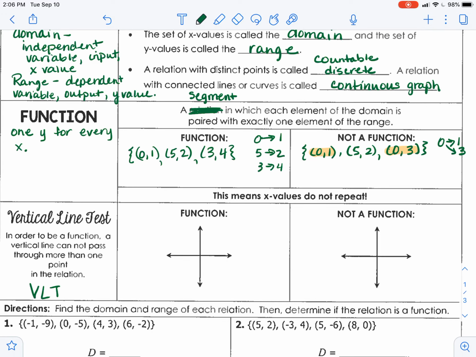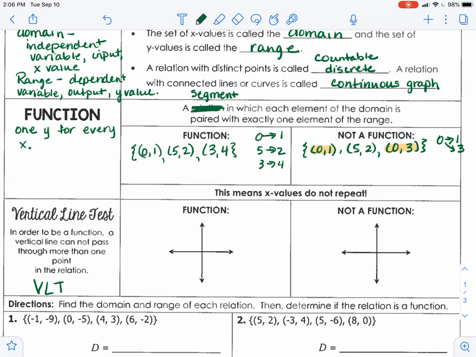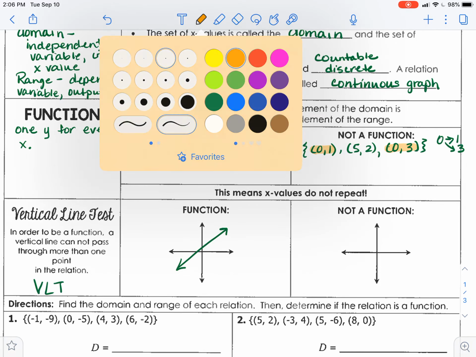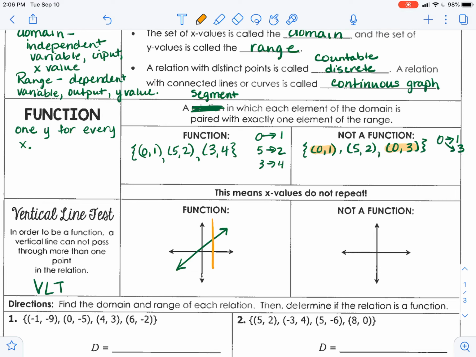If we have a graph, it must pass the vertical line test. So an example is if I have a line and I draw a vertical line, I can only hit in one spot for each vertical line. So that would be a function.